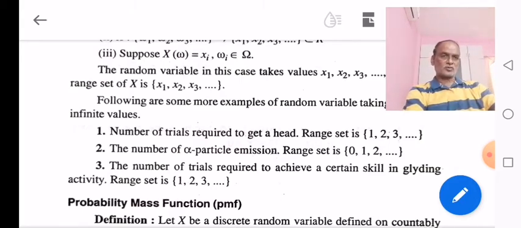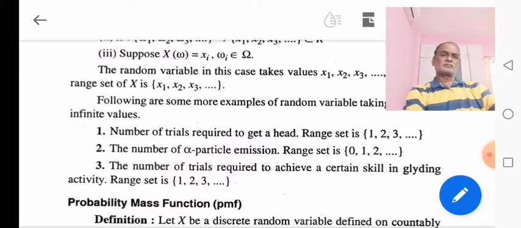So one more time you have to toss that coin. And suppose in the second toss you are getting head, then two trials are required to get head for the first time. Similarly, X will take value 3 if there are two failures, that is 2 times you are getting tail and then you are getting head. And this sample space will continue until you get head for the first time.